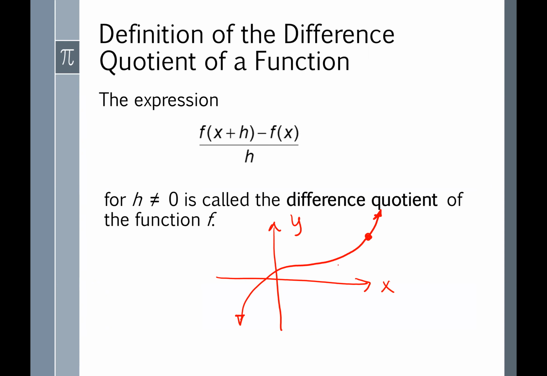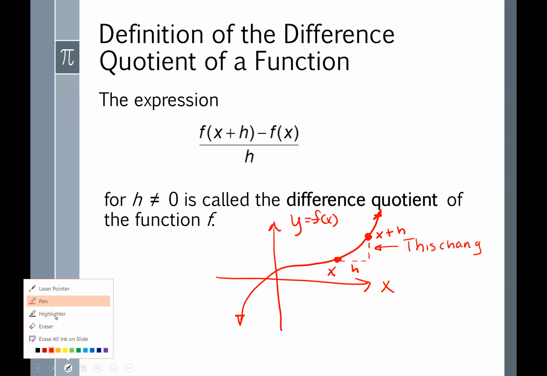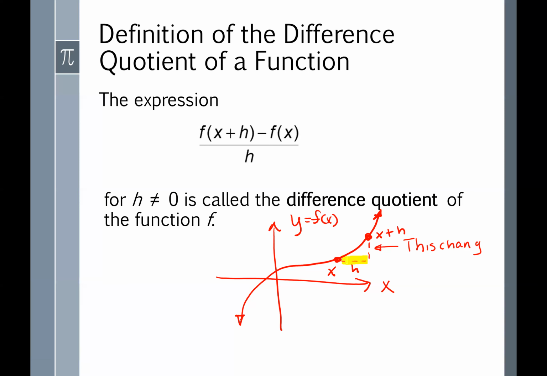And if I look at the change in the value of the function, the y value, so remember y and f of x are the same thing, if I look at the change in the y direction from these 2 points, let's call this x, and let's call this x plus h. So that distance in that little right triangle I've drawn, this distance right here, is h.